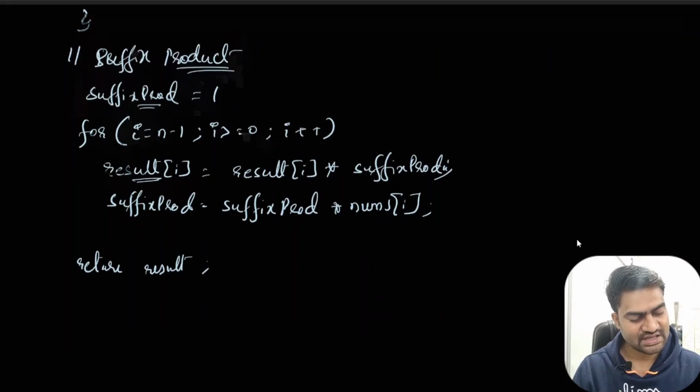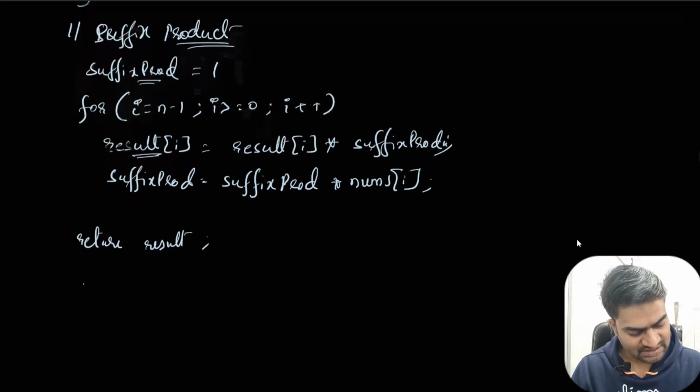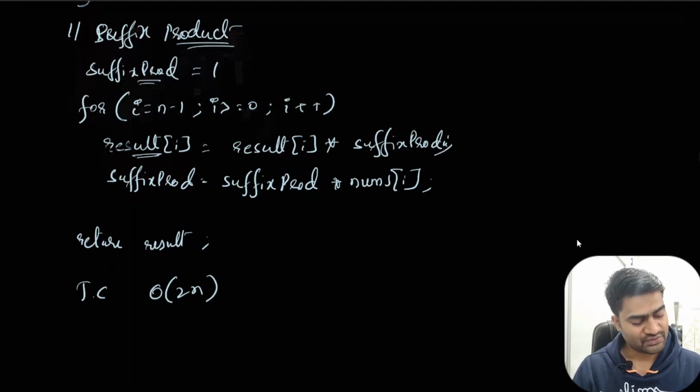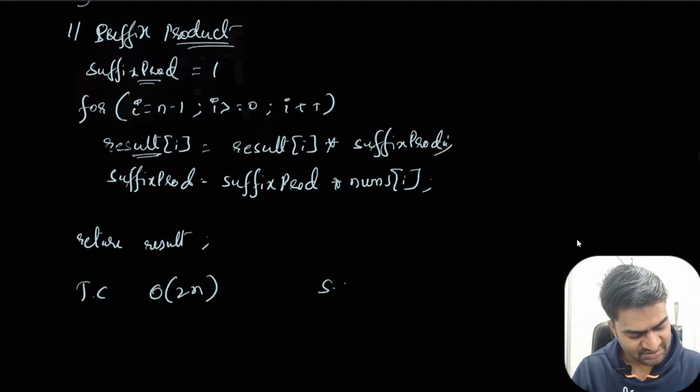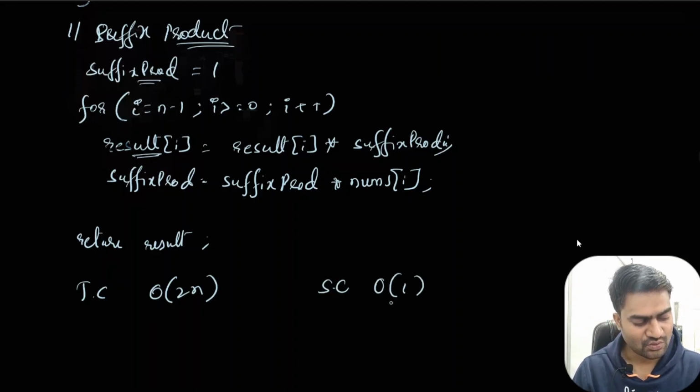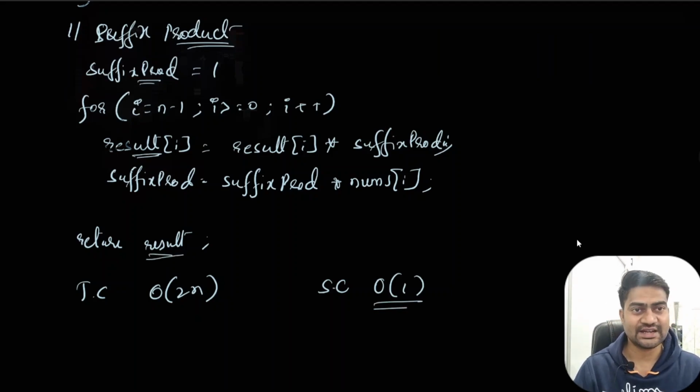So with this, our time complexity will be of order O of 2n and our space complexity is of order O of 1, because this result array will be treated as an in-place array. So in this particular example, that's why it is of order O of 1. With this, let us try to execute this and see.